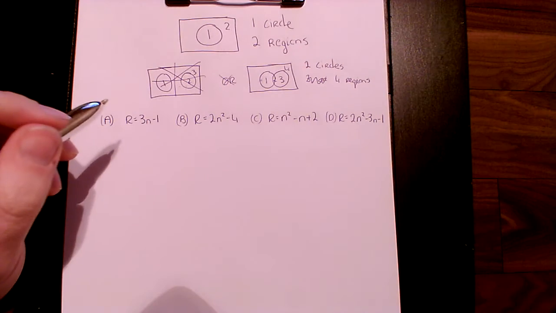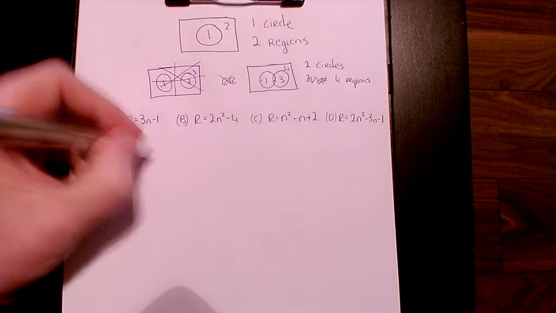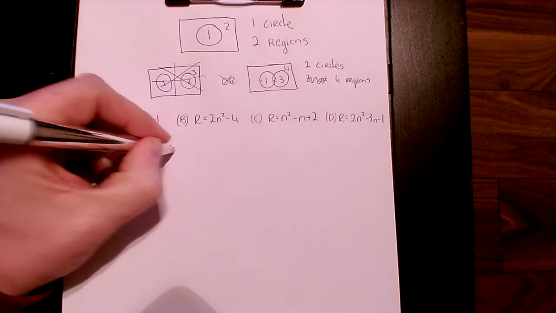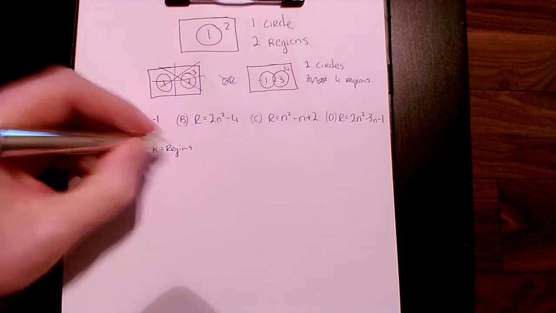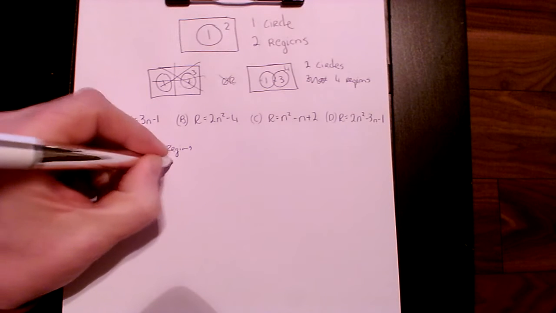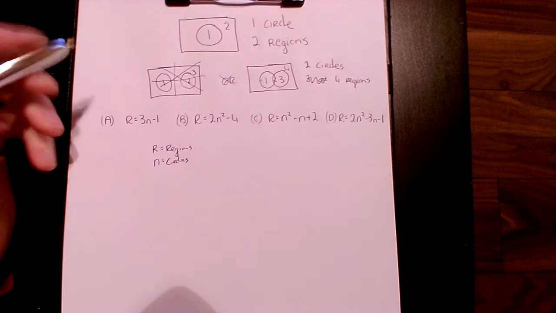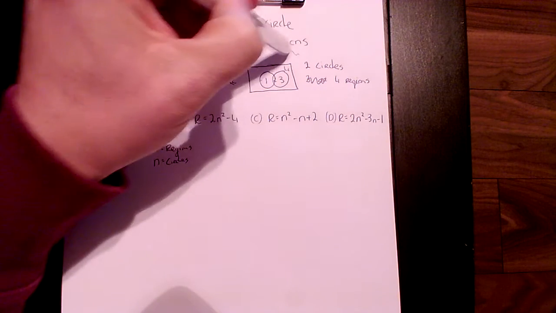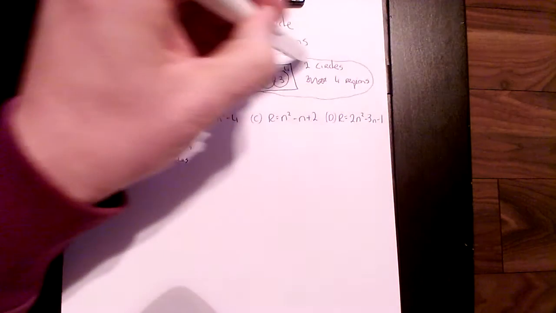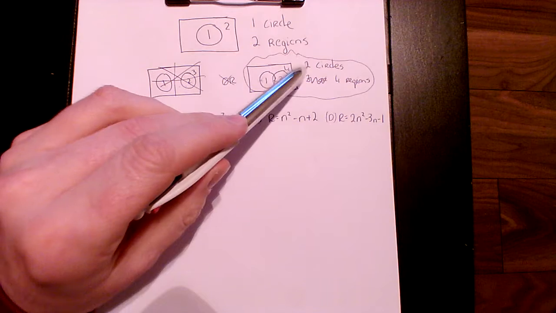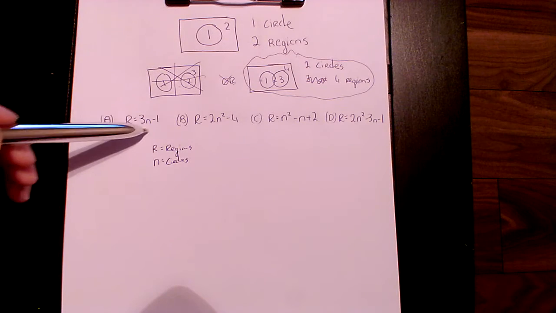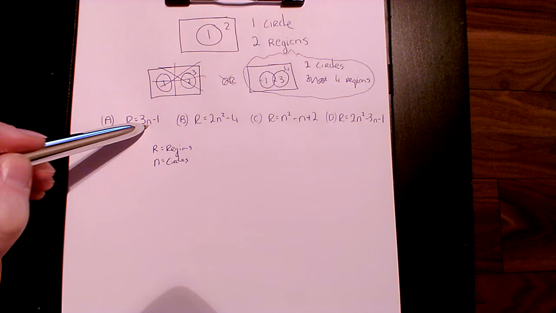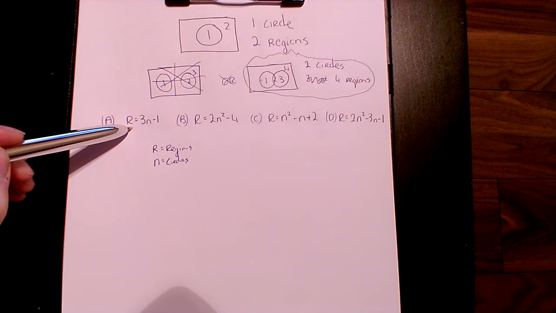So they said R stands for regions and N stands for circles. Let's take this as a trial and error bit. If I put in 2 for N, it should spit me out 4 regions, because 2 circles will give me a maximum of 4 regions.